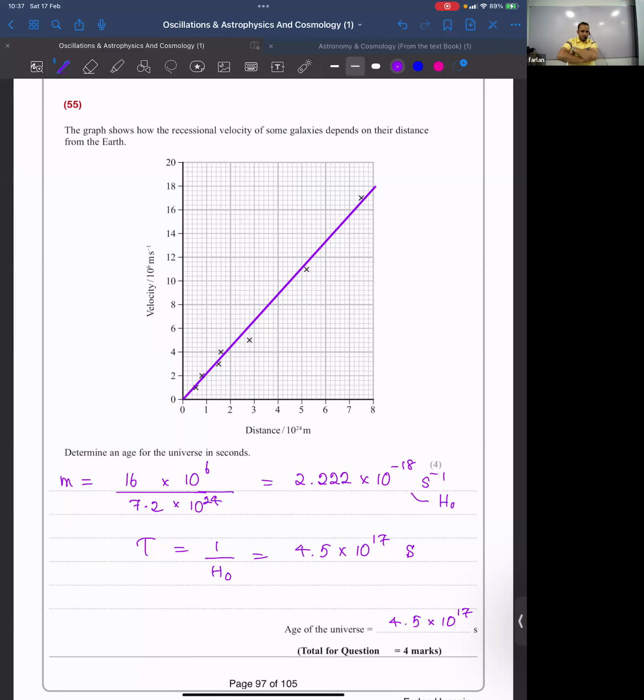So 1 mark will be there for the line of best fit, 1 mark for the gradient, and 1 mark for indicating that the gradient is a constant. And then 1 mark for taking t equals 1 over H naught, correct? What is that? It's 1 over that, right? 1 over 2.2.